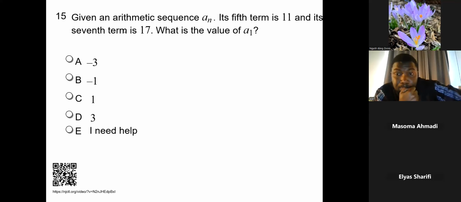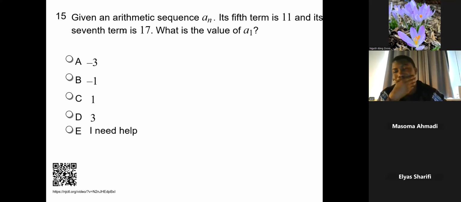Okay, we know that an is equal to a1 plus n minus 1 times d, okay? So we have that an is equal to 11. So instead of an, I write a5 is equal to a1 plus 4 times d is equal to 11, and a7 is equal to a1 plus 6d is equal to 17.